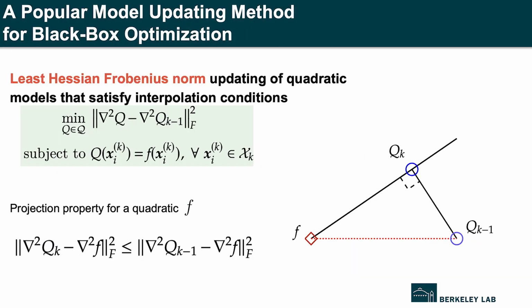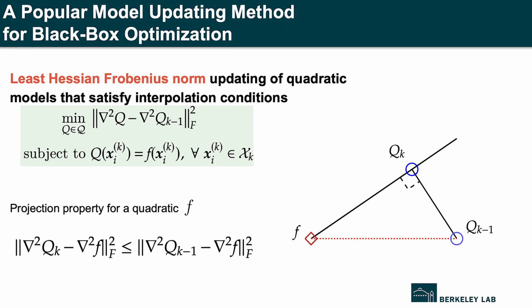The popular model updating method for black box optimization is called least Hessian Frobenius norm updating. Basically, it requires the model at the k-th step to satisfy the interpolation conditions shown in this formula. Here we are using fewer interpolation points, which means we cannot determine a unique model based only on the interpolation conditions.